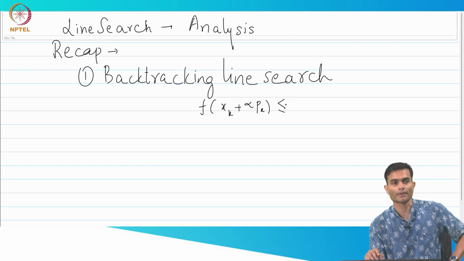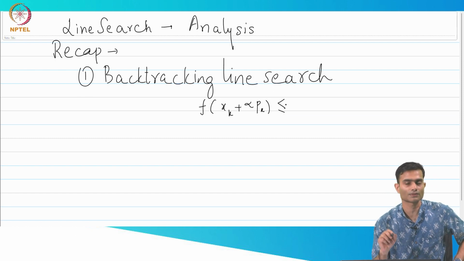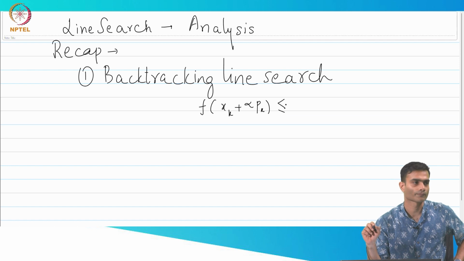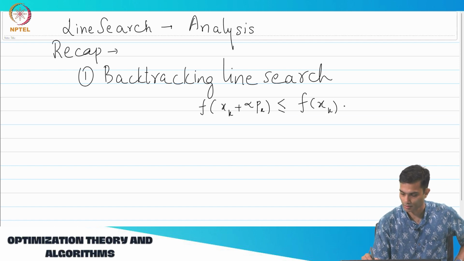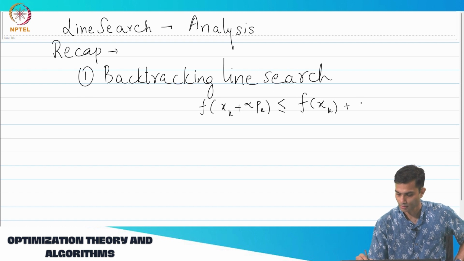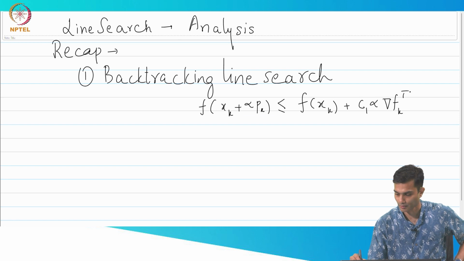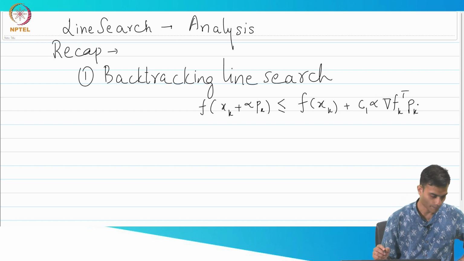If I am taking the sufficient decrease condition, this function value should be less than what? f of xk plus c1 alpha grad fk transpose pk, right?